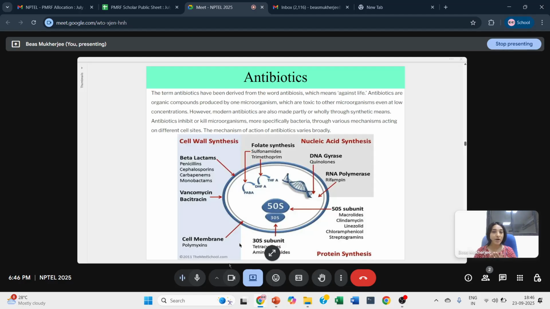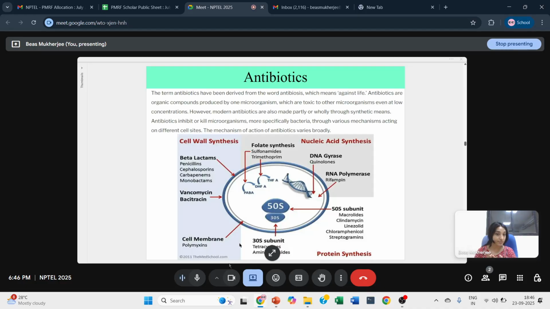Now antibiotics can impact cell wall synthesis, so there are the beta-lactam antibiotics. Then nucleic acid synthesis can be interrupted, for example DNA gyrase activity can be interrupted, and RNA polymerase activity can be interrupted, and then protein synthesis can be hampered.